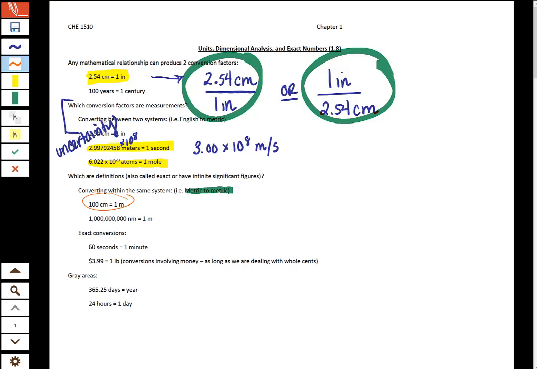So here, this has infinite sig figs or no sig figs, whichever you want to consider. So you're not concerned with significant figures of these conversion factors changing the significant figures in your final answer. Other things that would be considered exact would be the number of seconds in a minute, because that's, again, our definition of the number of seconds in a minute.